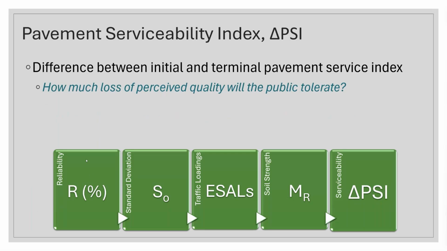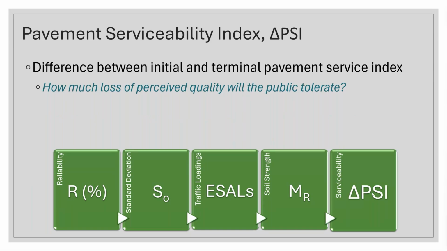So we go back to our calculation, and we're going to include this delta PSI. That's our change in serviceability, the serviceability index. So the difference between the initial and the terminal pavement service index, or how much quality are we going to allow to be lost?